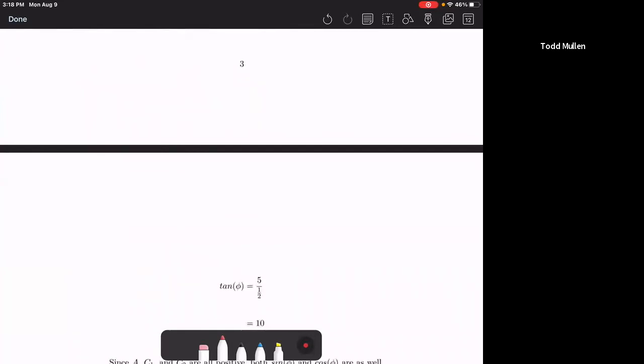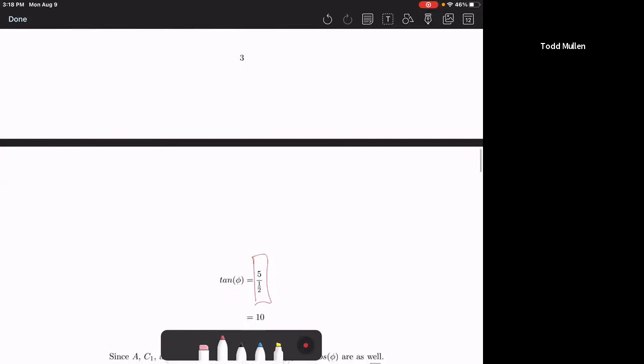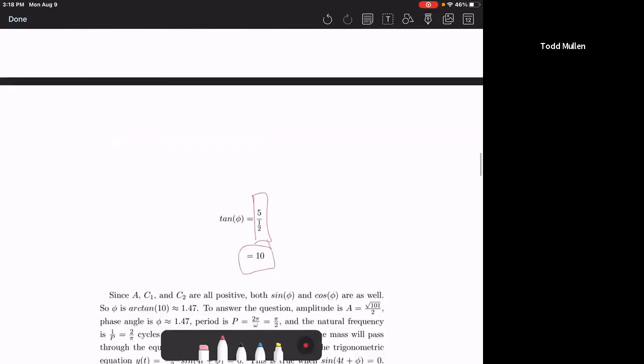So tan of phi is equal to c1 over c2. And 5 divided by a half is just 10. Now we've got to do this whole arctangent thing about where this angle actually lies such that its tangent is 10. Well, A, c1, and c2 are all positive.